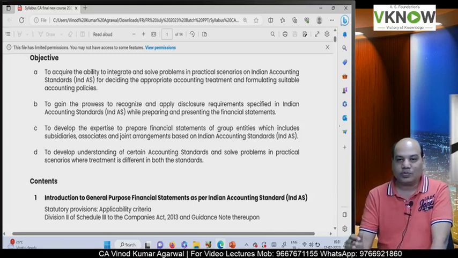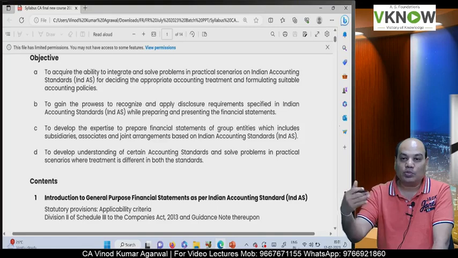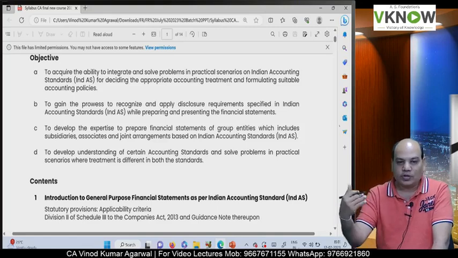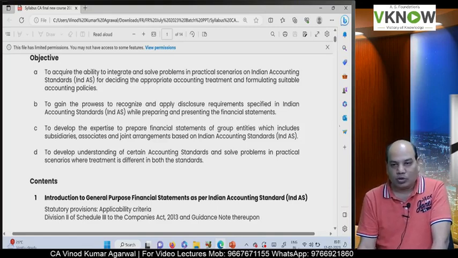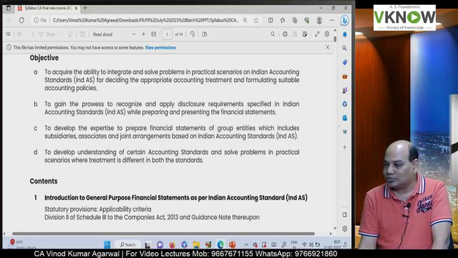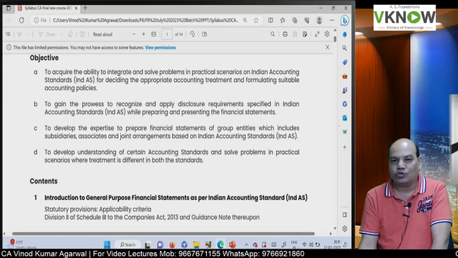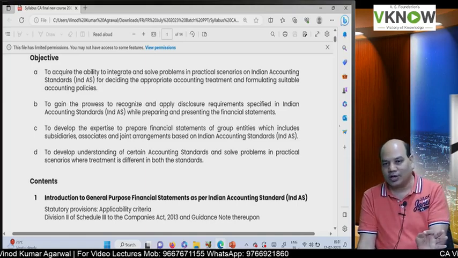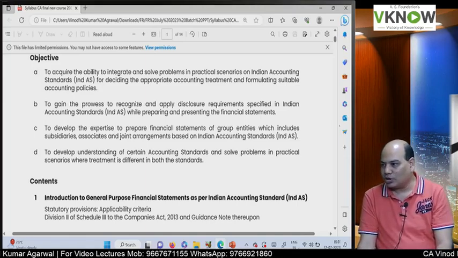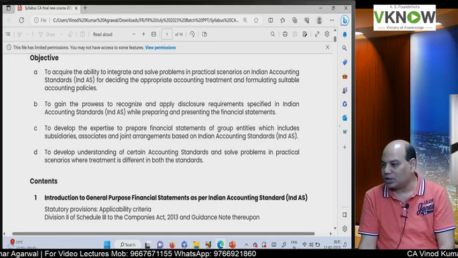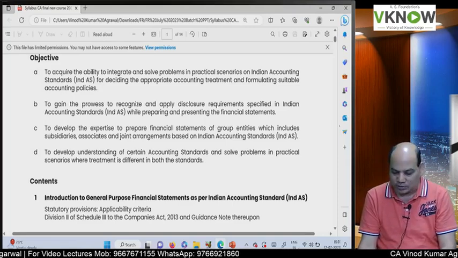So the number of companies which are going to follow Ind AS will be more and more. When you go for the interview, you will be asked questions on Ind AS. Nowadays I find that the interviewer usually asks questions on Ind AS and not much on accounting standards, which you have studied in the intermediate syllabus.